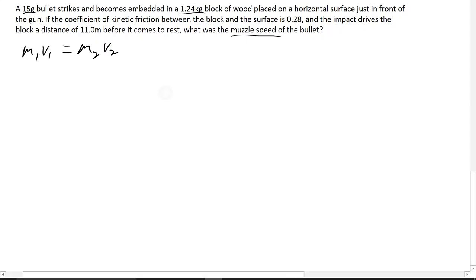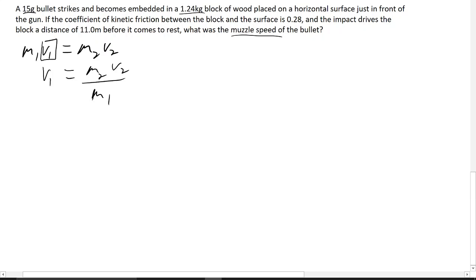So we're looking for the muzzle speed, that's v1, so v1 equals m2 v2 over m1. So we know m1 and m2, but we don't know v2, and that's the tricky part about this question.